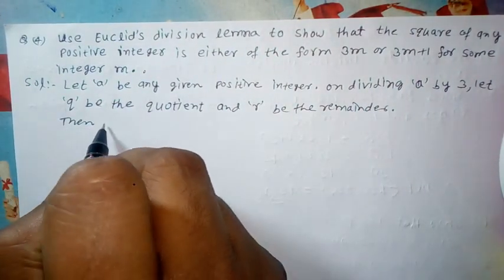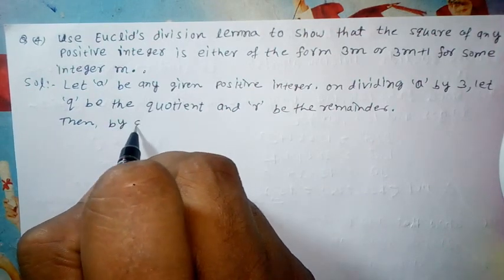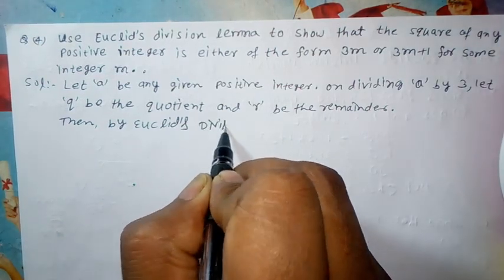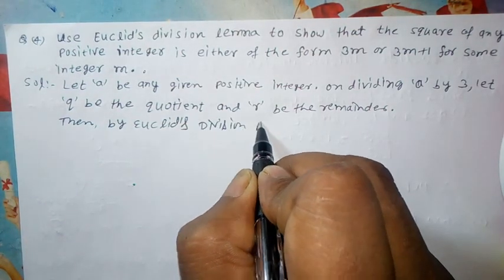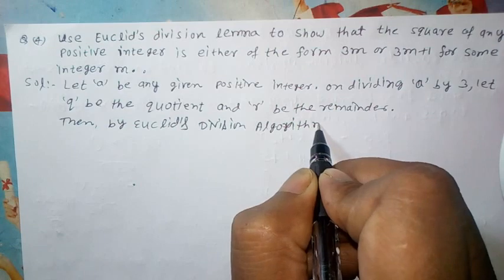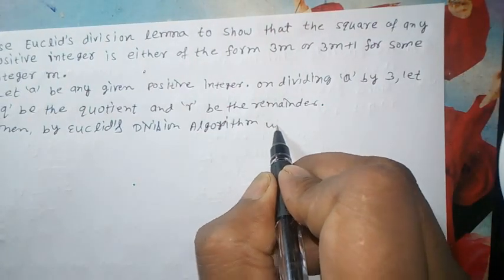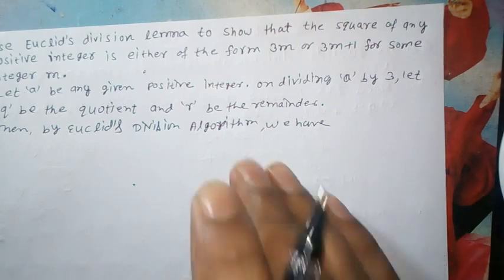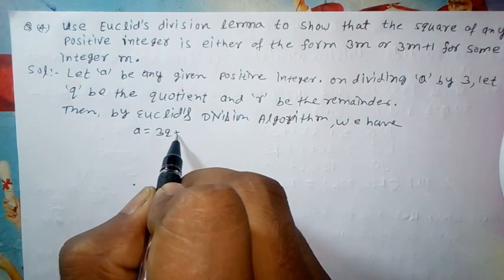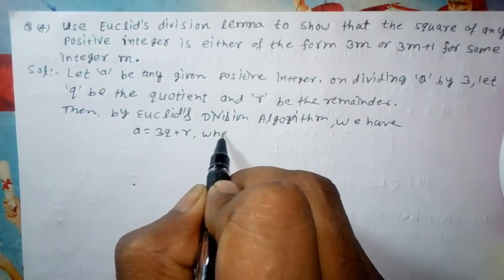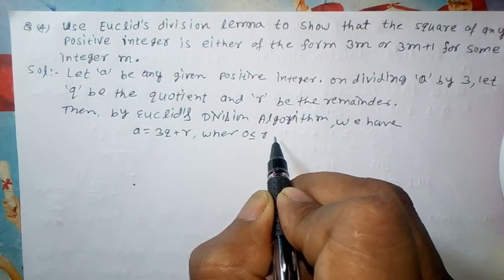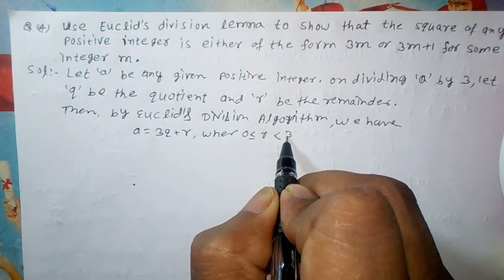Then by Euclid's division algorithm, we have a is equal to 3q plus r, where r is greater than or equal to 0 but less than 3.